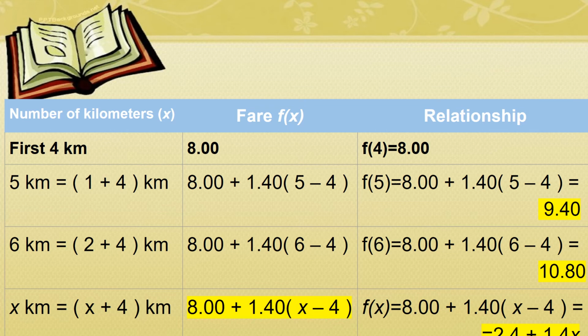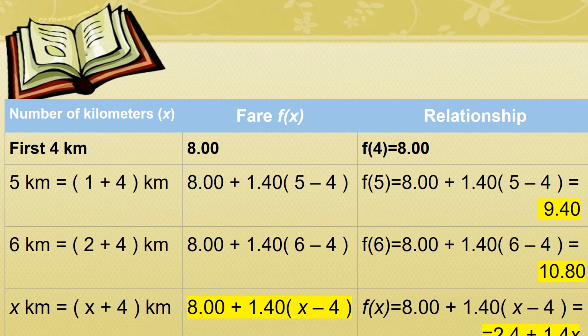Kasi yung 4 kilometers ay yung 8 pesos. So, yung matitira dyan ay yung times natin sa additional na 1.40. So, 6 minus 4 is 2 times 1.40. So, just use your calculator para mas mabilis. 8 plus 1.40 times 2 is equal to 10.80.